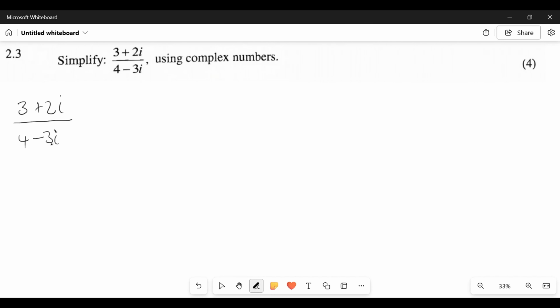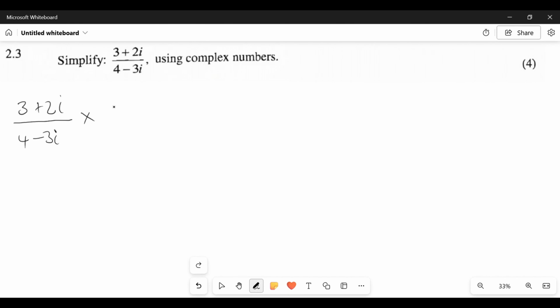So when the complex numbers are dividing in a rectangular form, you need to multiply by the conjugate of the denominator. Now, when you multiply by the conjugate of the denominator, you must multiply both the numerator and the denominator with the conjugate of the denominator, this one here, right?